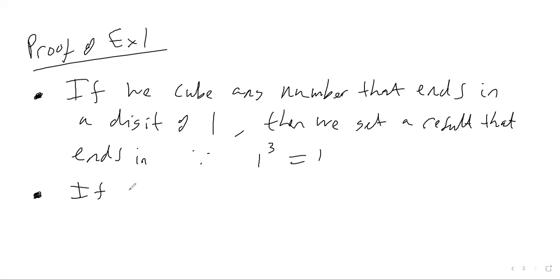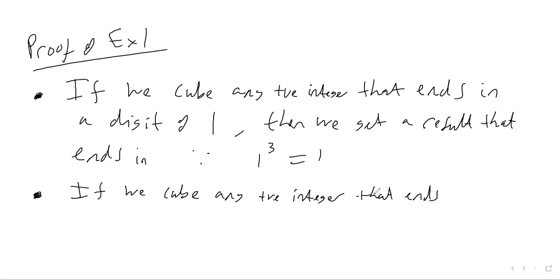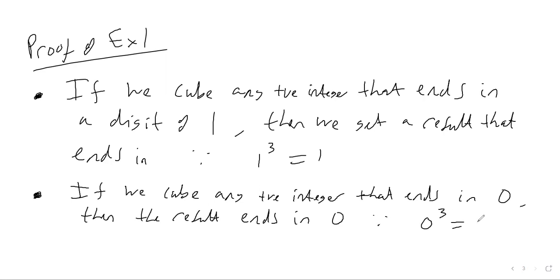So if we cube any positive integer that ends in a digit of 0, then the result must end in 0 itself. And again, that's because 0 cubed is 0.